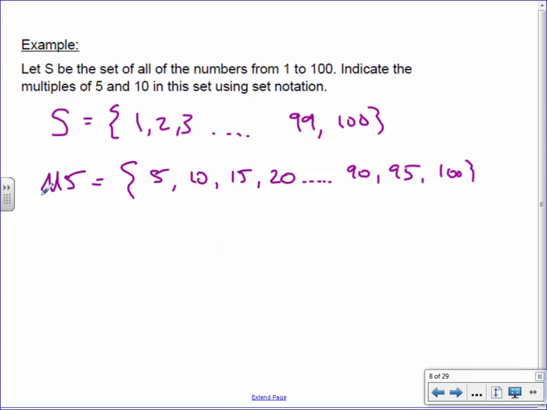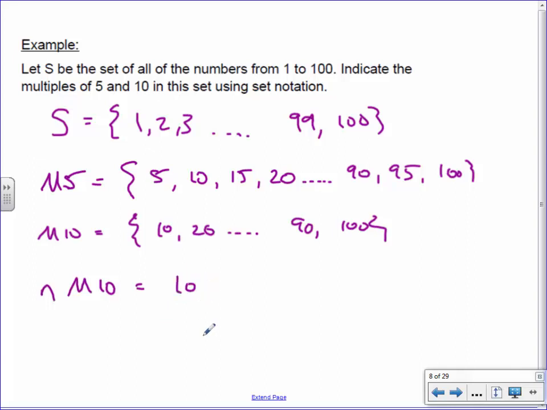I don't care exactly how they ask you to notate this, but I just went M5 for multiples of 5. If I asked you for all the multiples of 10, what would those be? Until you got to 90 and 100. What if I asked you for the number of multiples of 10? Yeah, because counting them out, there's 10, 20, 30, 40, 50, 60, 70, 80, 90, 100.